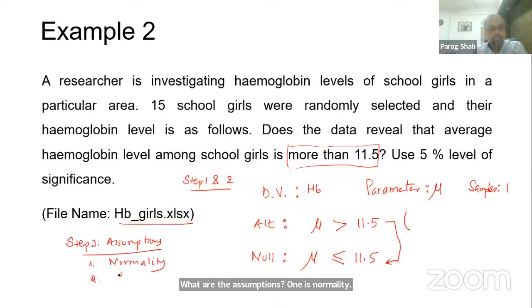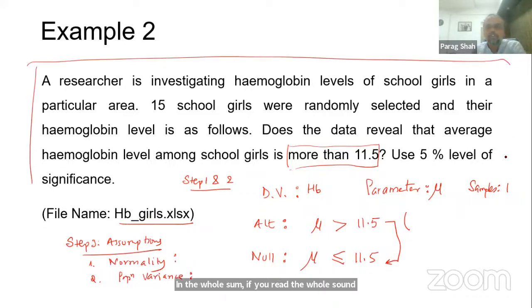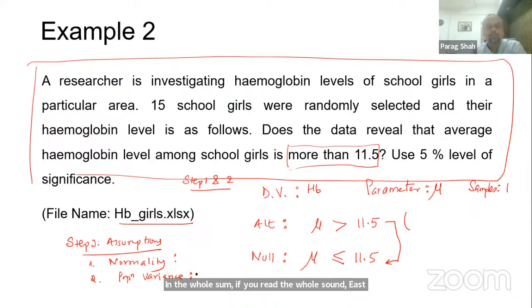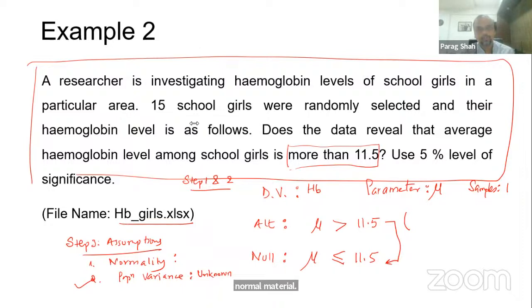And second, population variance. In the whole sum, if you read the whole sum, is population variance given? No. So this means it is unknown. This assumption is checked. Now we need to check the normality assumption. Perfect. Great going. Okay, Lata, Prashant.